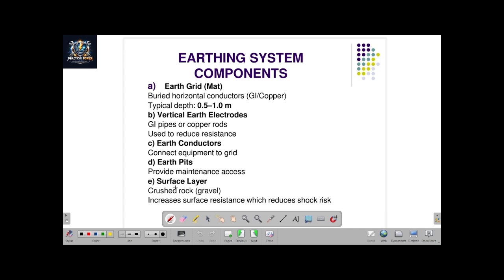And surface layer, during the earthing system, surface layer should be a layer of rock or gravel, which increases the surface resistance, which reduces the shock risk.